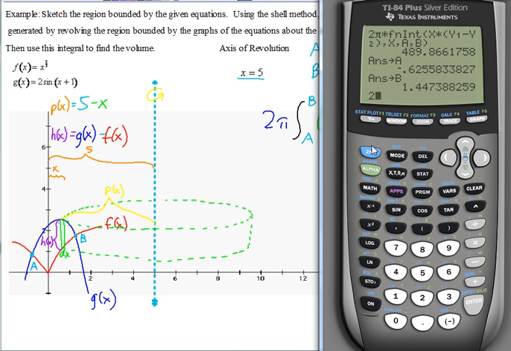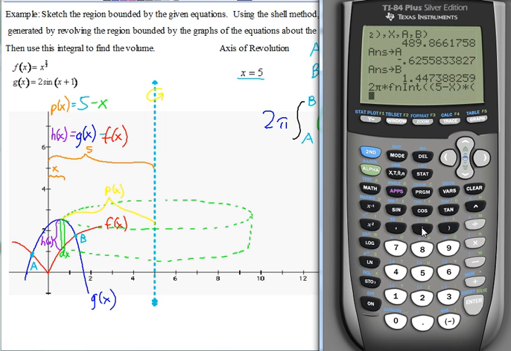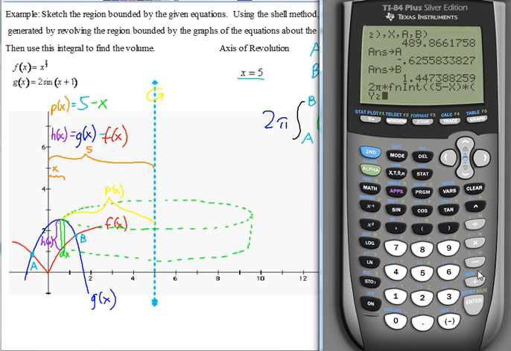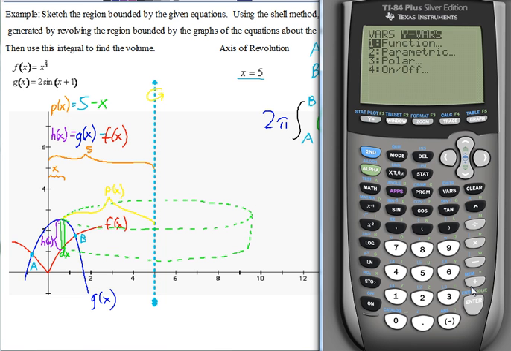Let's put that first so we don't forget it. 2 pi times math number 9, function integrate, and then open parentheses, 5 minus x, close parentheses, is our radius, times, open parentheses, g of x minus f of x was our height, so g of x is y2, so variables, y variables, function y2 minus variables, y variables, y1.